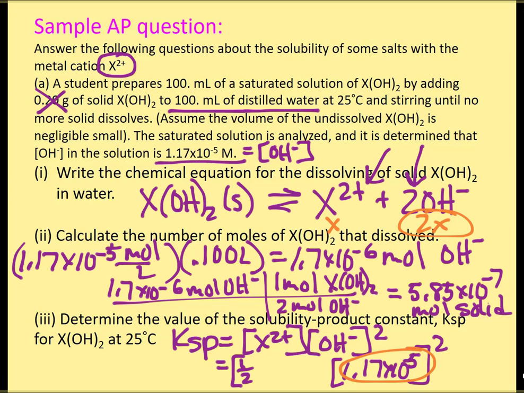So I'm just going to put a little divided in half this number. And when I solve this, I get 8 times 10 to the -16. So that is my Ksp value. They gave us the OH value, but remember that's double that X2+ value.